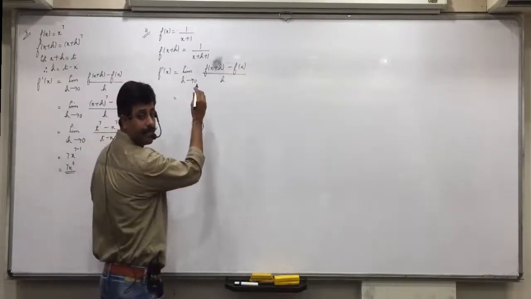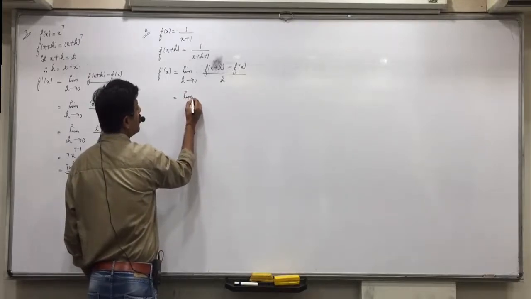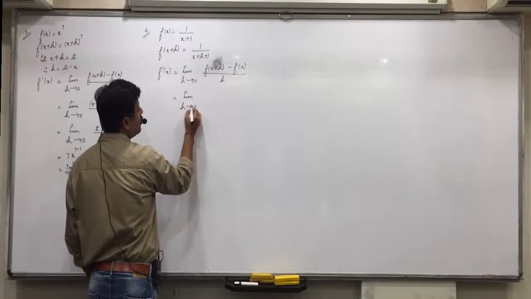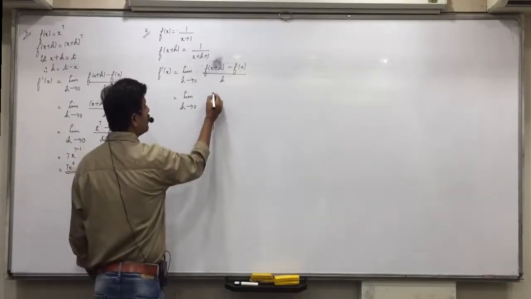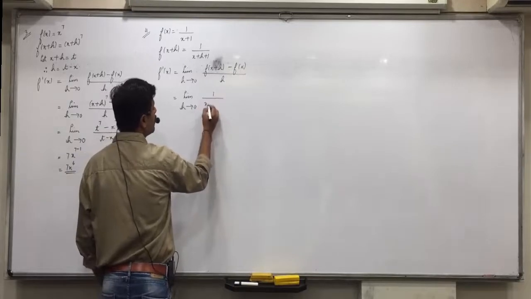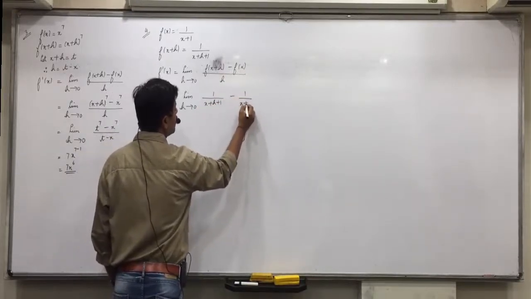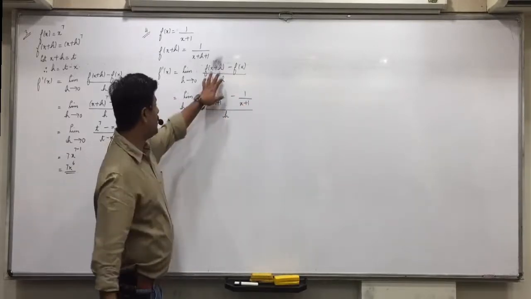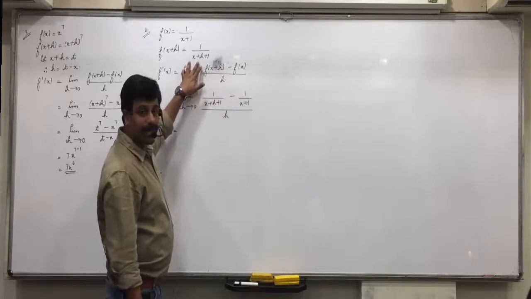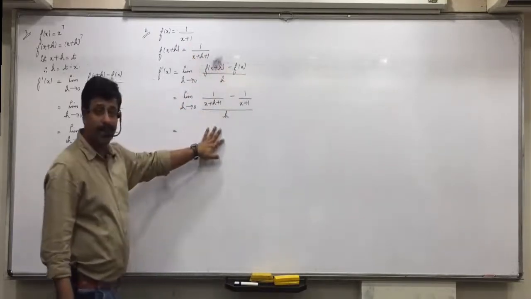Yes, further. Limit h tends to 0, 1 upon x plus h plus 1 minus 1 upon x plus 1, upon h. In f(x+h) we will substitute 1 upon x plus h plus 1, minus in f(x) we'll substitute 1 upon x plus 1, upon h.